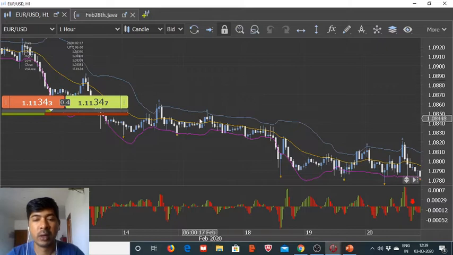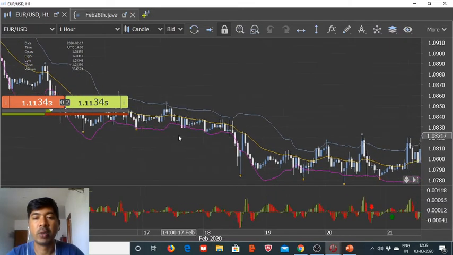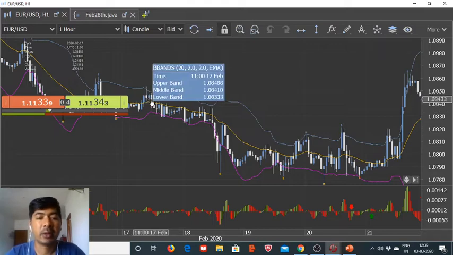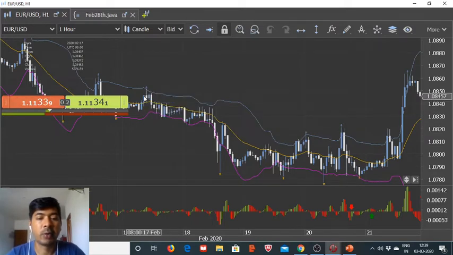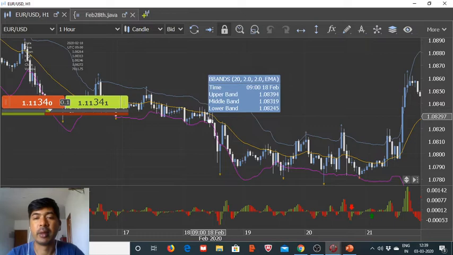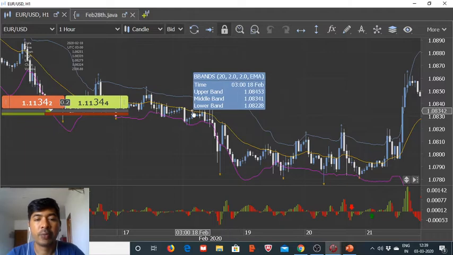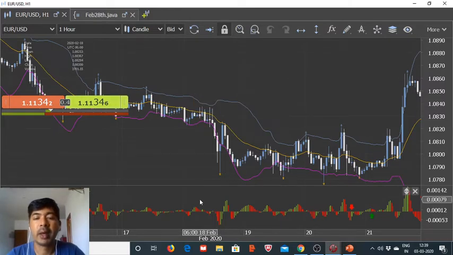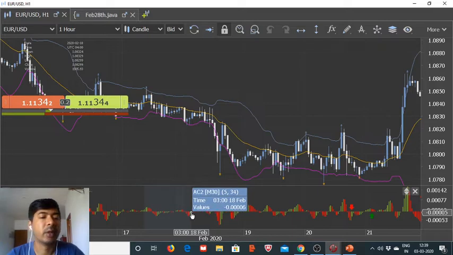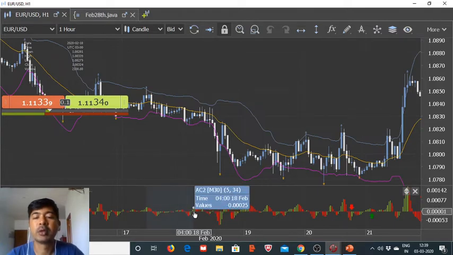If we go back in time, let's say this week starting from 17th of February, here you can notice that in the early hours of 17th, the candle close is happening above this middle band, and then for 3 to 4 hours, the price action is taking place in the upper band of this Bollinger band, and then again it comes back, and then a couple of times the candle is indeed closing above the middle band, and also the momentum on the AC2 indicator tries to shift from bearish to bullish.